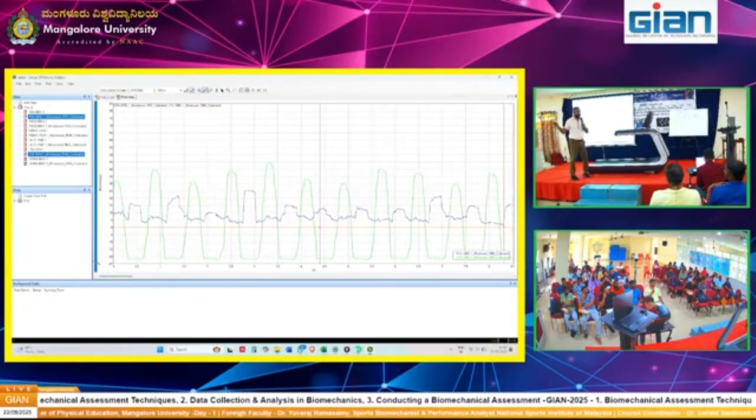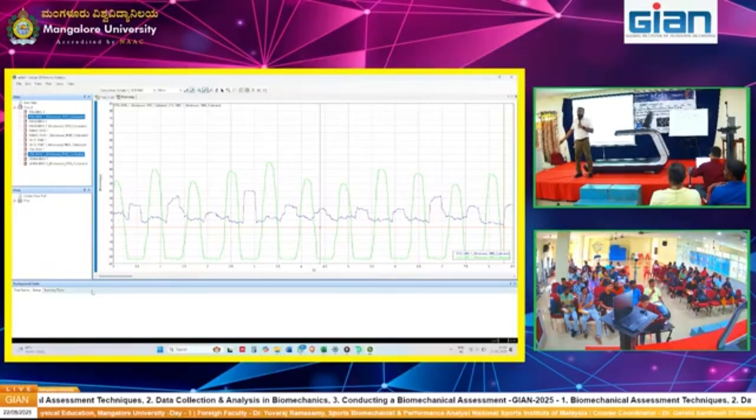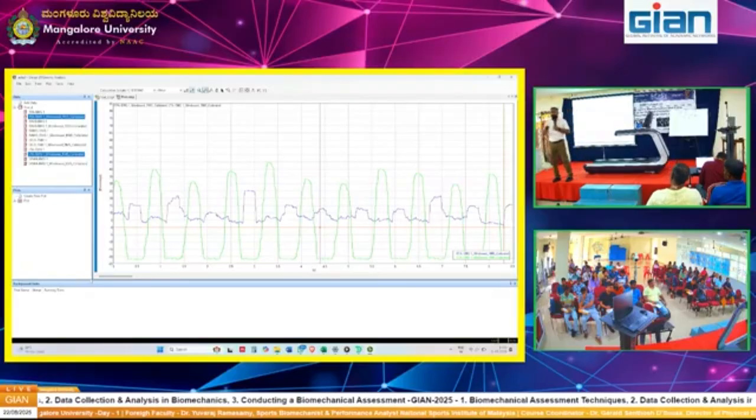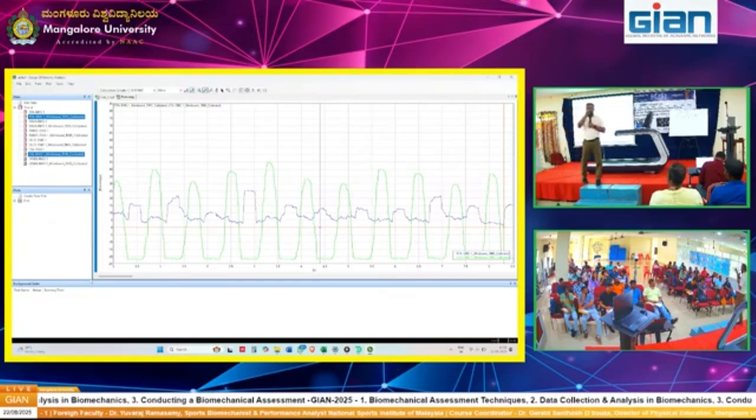Then you do calibration on the treadmill and start recording. All the data will be in a one-page report. If anything is out of the normative values, it will give you minus or plus, for example knee flexion during this phase, negative or positive. So once you collect that, we know where to work.